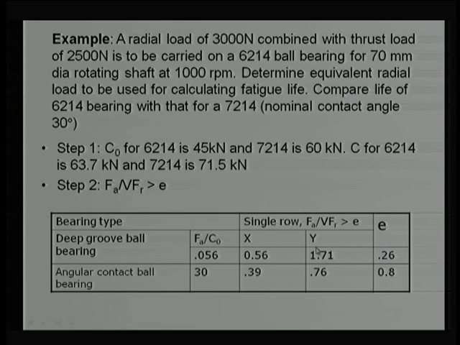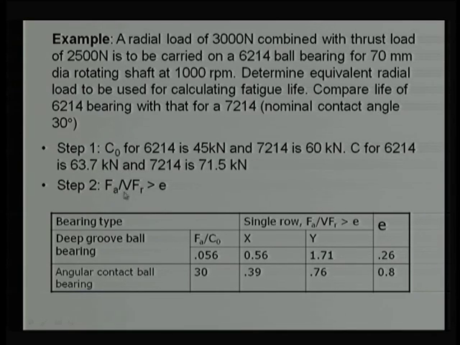We are not just adding Fa, we are penalizing Fa with 1.71, enhancing Fa and then adding it to the radial load. We are not doing a simple combination, and in this case e is equal to 0.26.